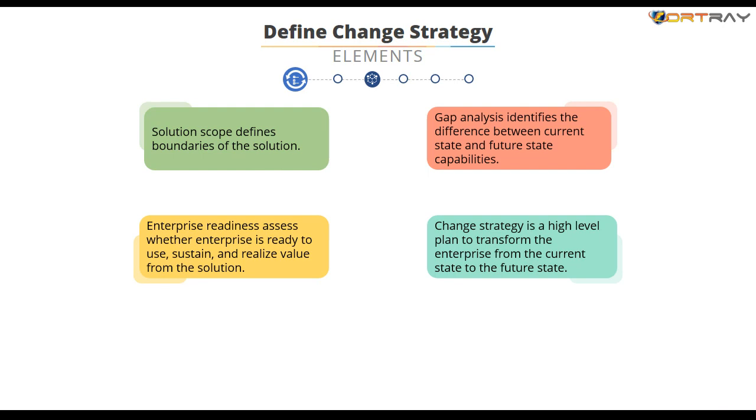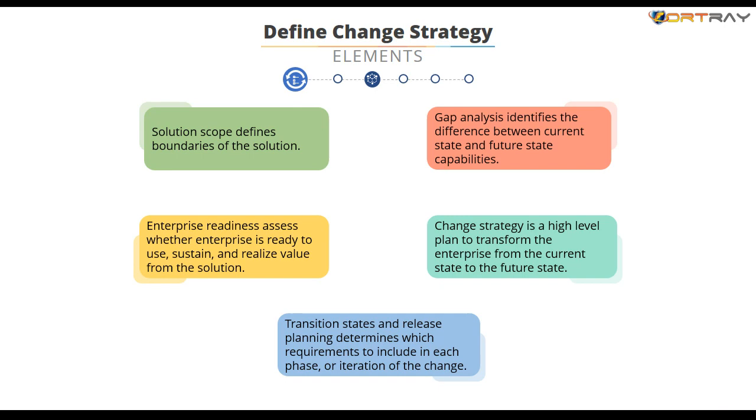Expected benefits and costs are key components of a business case for the change. When the future state will be achieved over time, the enterprise will go through more than one transition state. Release planning determines the requirements that are necessary to include in each phase or iteration of the changes. Business analysts assist in planning the timing of the implementation in order to minimize business disruption.